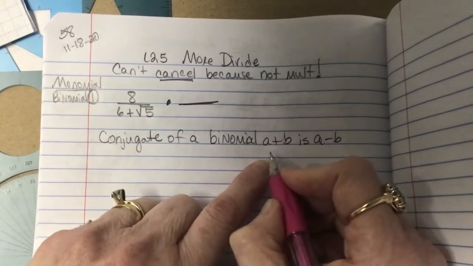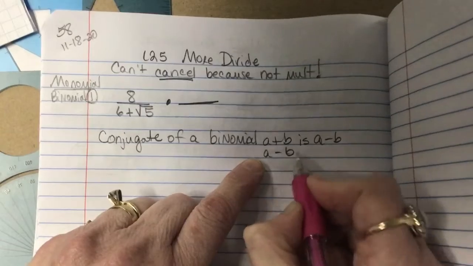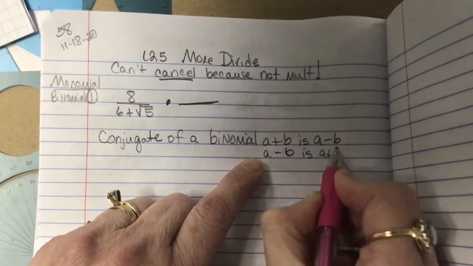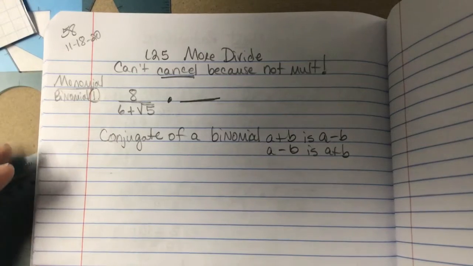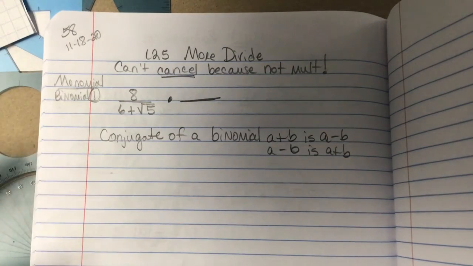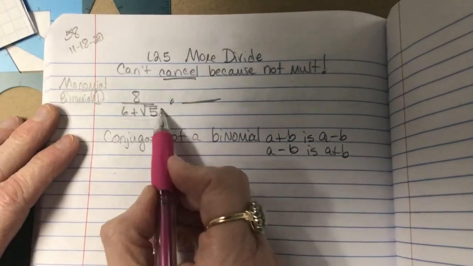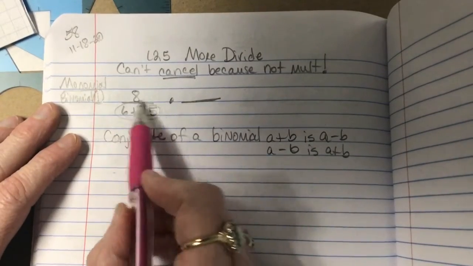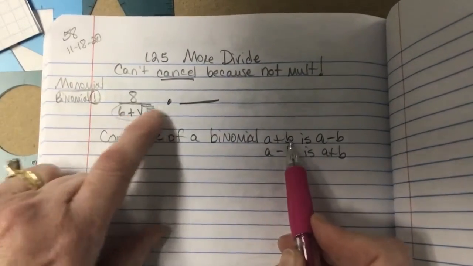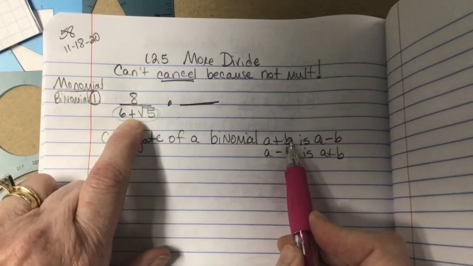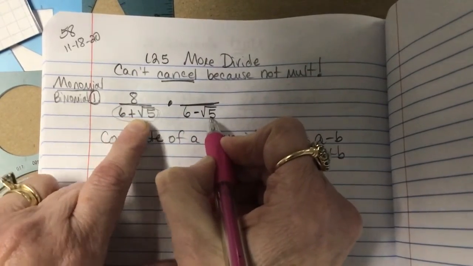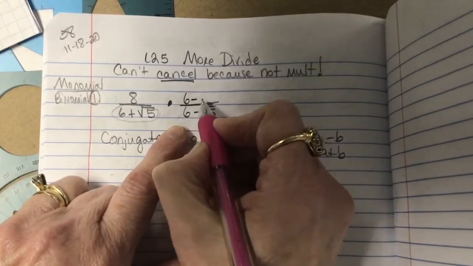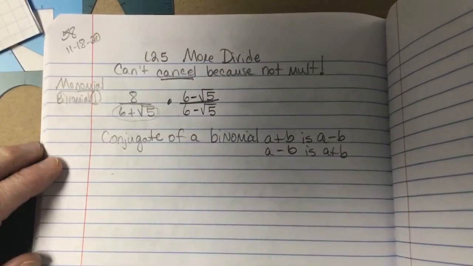The conjugate of the binomial a minus b is a plus b. I know you wonder why that works, but you'll see in just a minute. It goes back to foiling from Algebra 1. So the way to get rid of the denominator is to take the conjugate of it. A and b stay the same, except the sign between them changes, so it becomes 6 minus square root of 5. And if you're going to do it in the form of 1, you have to do it top and bottom.